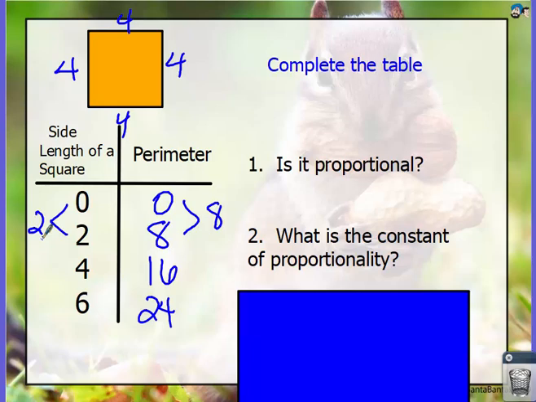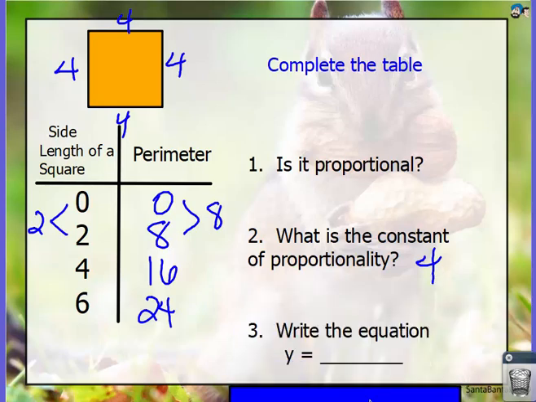So what is our constant of proportionality? 4, because it's nothing but the slope. Then I ask, what's the equation that represents this T-chart? y equals, well, if our slope is 4, then it's just 4x. So as the length of our side changed, our perimeter increased.